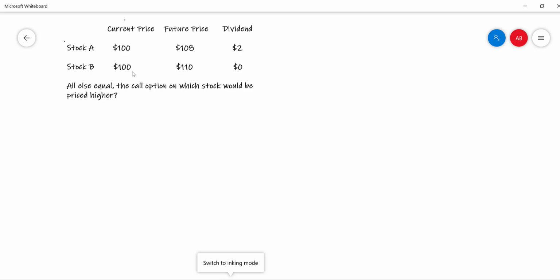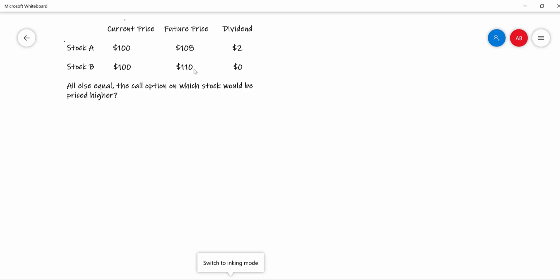So going with that idea, it should be clear that the option on B would be priced higher, because if you expect B's stock price to be higher in future, then ST minus X would be more for B, ST minus X would be smaller for A, and therefore you expect to get a bigger option payoff from B versus A. So as a stock investor, you might be indifferent between A and B, but as a call option holder, you would prefer the option on B over option on A. Option on B is more valuable than option on A, and therefore it would be priced higher, right?